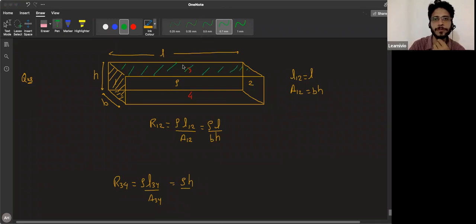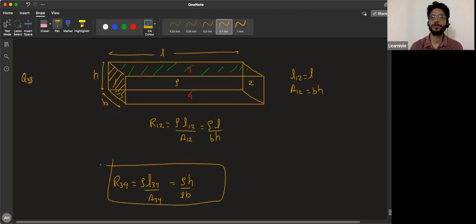L into B. So it's rho H by LB. So if he asks you to calculate resistance between two ends, just take the resistivity rho. Length means the separation between the two ends, and A is the area of cross section of that end. We don't take area of the entire conductor, we take area of cross section only, the area of the end.